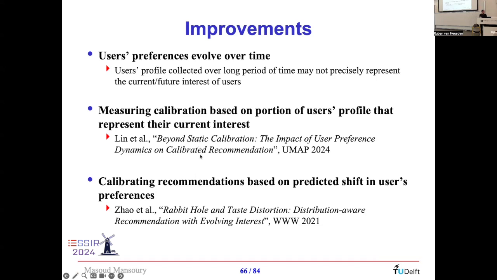Maybe you may find them interesting. They try to improve the calibration measurement, or maybe calibrate the recommendation by taking into account the change in the user preference, not considering the whole profile of the user for creating the distribution of the user preference, but only considering the relevant portion of the user preference when performing the calibration task.